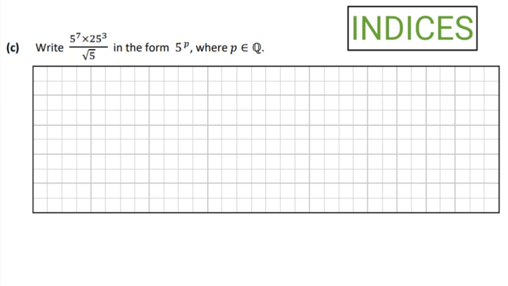So let's look at the numerator. We have a 25, and now we're going to convert this 25 into a 5, as 5 is the base number. So we're going to write it as 5 to the power of 2, and that's a 7 and a 2, and we have the 3 outside.